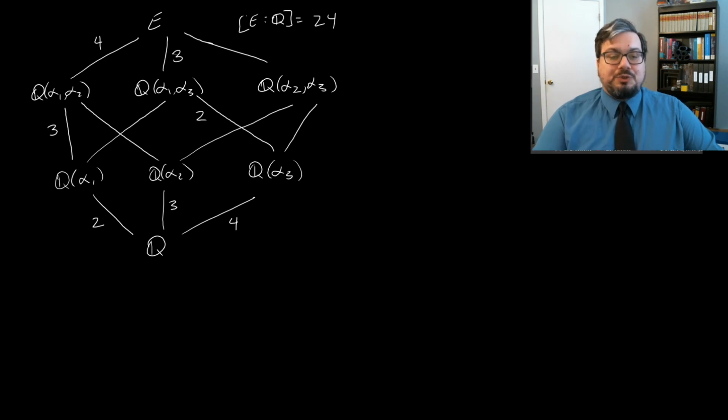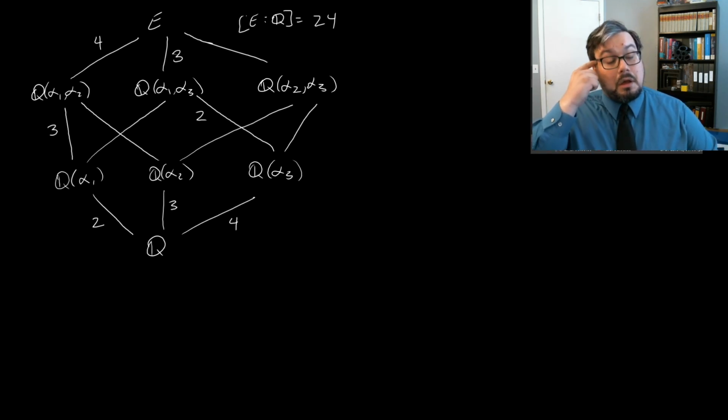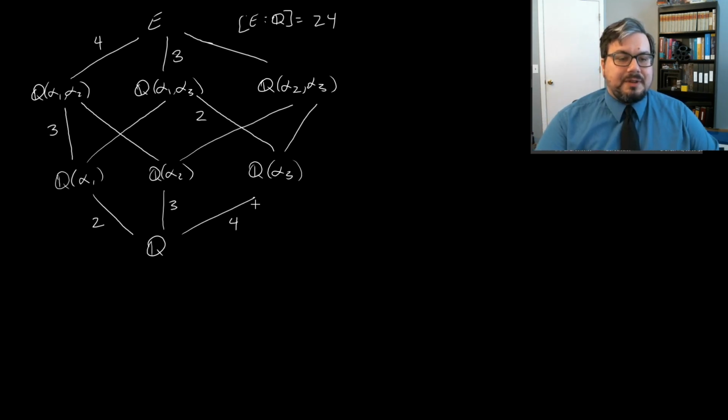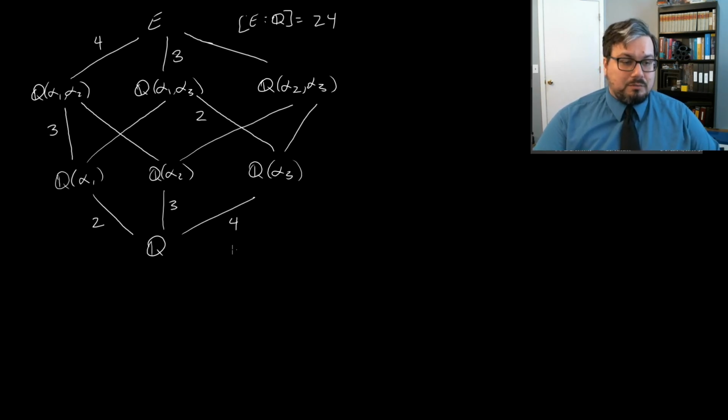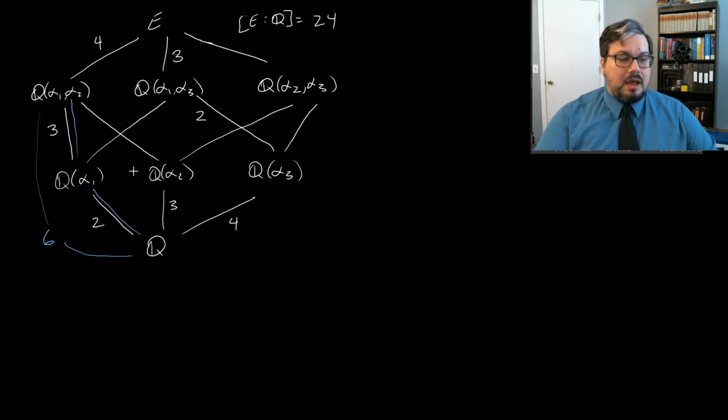And now we can start using the same sort of ideas to figure out the other degrees in the diagram. And from here, it actually goes pretty quickly. So now, let me see if I can use some colors here to make things clear. If I go from Q to Q(α1) to Q(α1, α2), what we get is that this whole extension has degree 6. But if I go from Q to Q(α2) to Q(α1, α2), that also has to have degree 6.